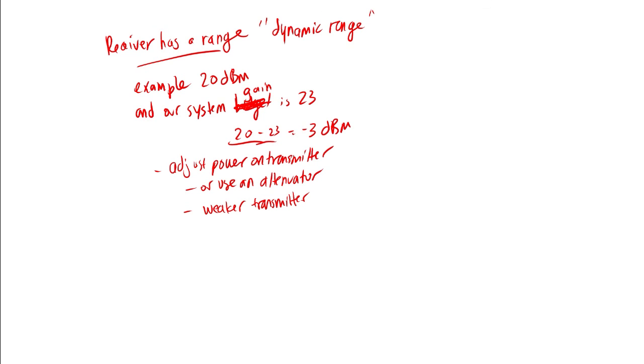Some smart aleck will say, well, you can do some damage to the fiber, but I don't recommend that. But yeah, you can use an attenuator. An attenuator reduces the power in the link, and it's adjustable.